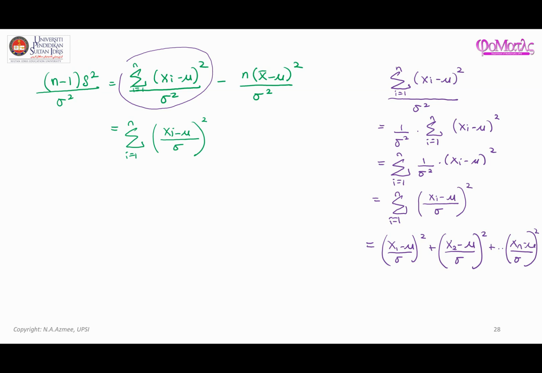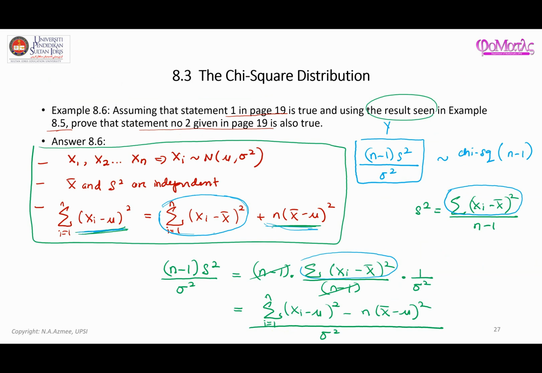And I hope that you recognize that this is a standard normal random variable. How do we know? Because remember, when you have x as a normal random variable and you want to convert x to z, the formula that you use is x minus mu over sigma. Okay, so again, we go back to this. X here is a normal random variable.